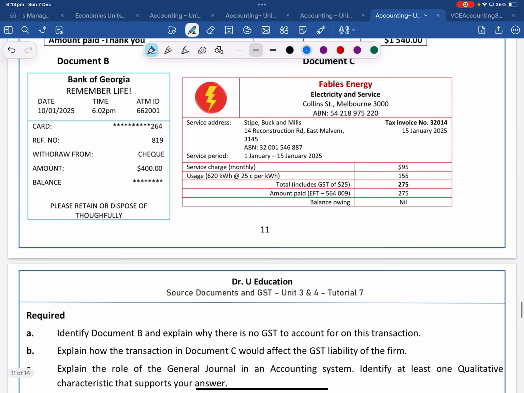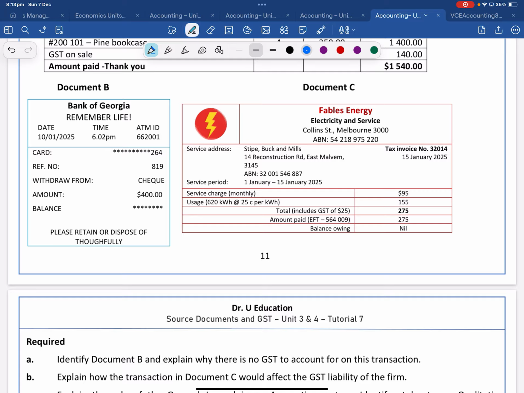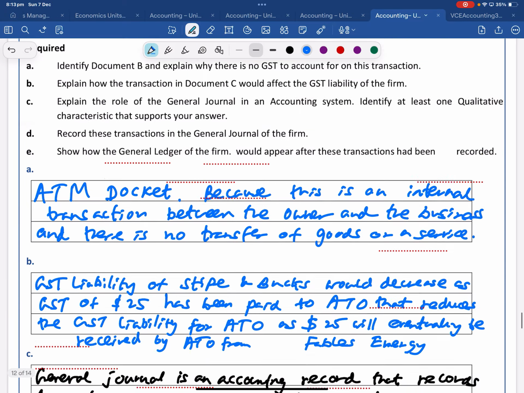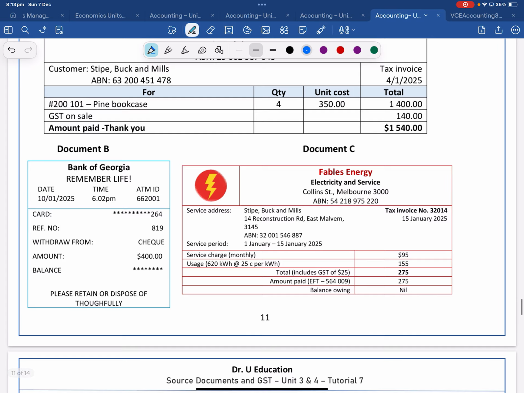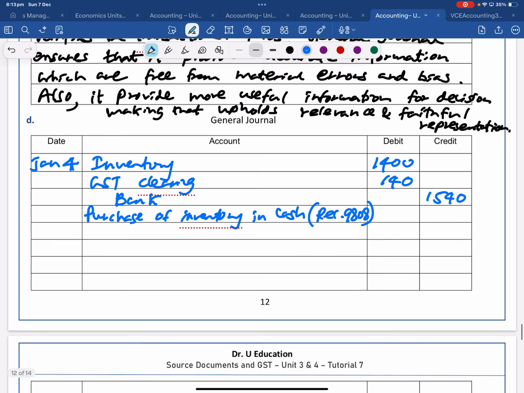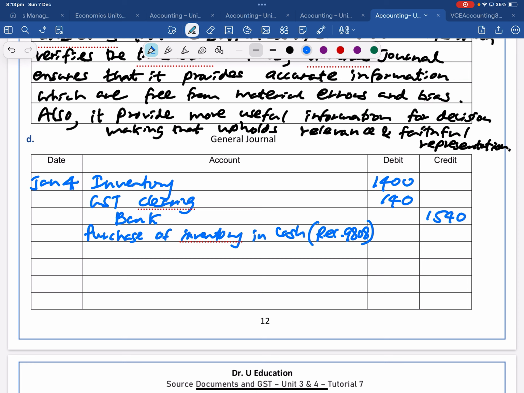What's the double entry for the next one? Drawings, bank. What's the date? 10th. January 10th. Drawings.